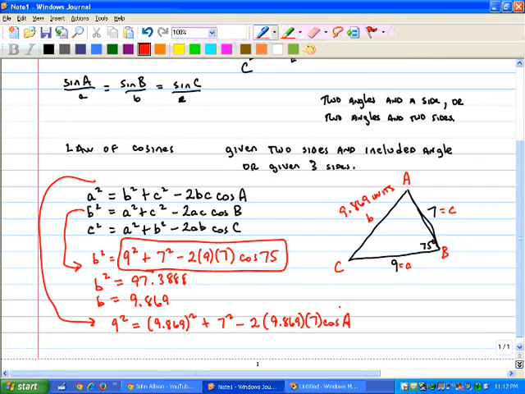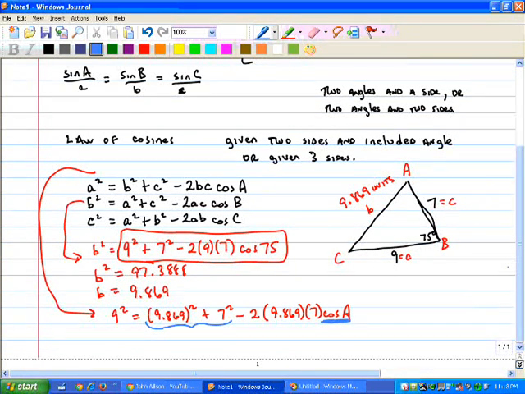Again, we plug in b and c. Now, here we have to be careful. We have to isolate the cosine A. The easiest way to do this is to simplify. Let's combine these two by typing in your calculator 9.869 squared plus 7 squared. That part becomes 146.397.